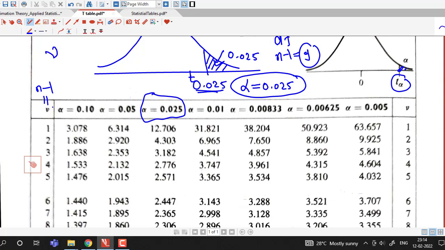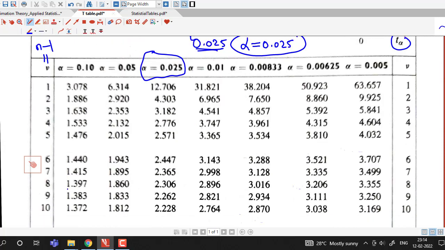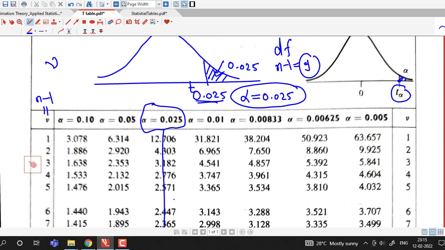So we search for alpha equal to 0.025 and 9 degrees of freedom. Here we have 9 degrees of freedom, here we have 0.025. We find the intersection of these two lines, horizontal and vertical, and at the point of intersection we obtain the value of T, which is 2.262. So this value T suffix 0.025 is 2.262.